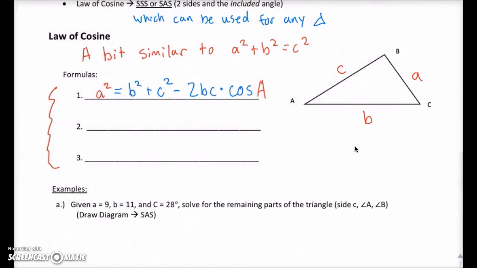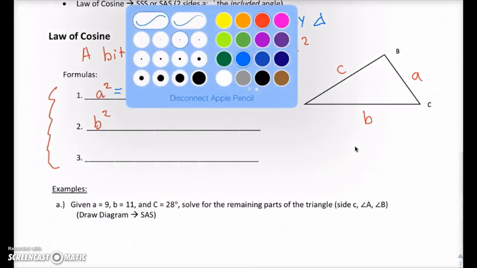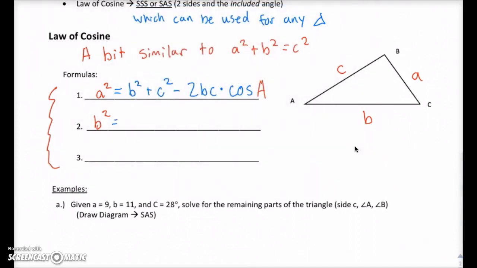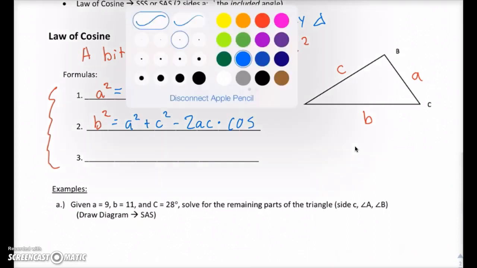Now for our second formula, we're going to have b squared equals a squared plus c squared minus 2ac times cosine, anybody want to take a guess?